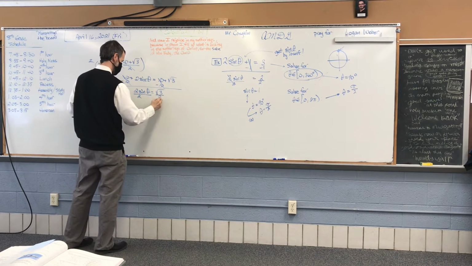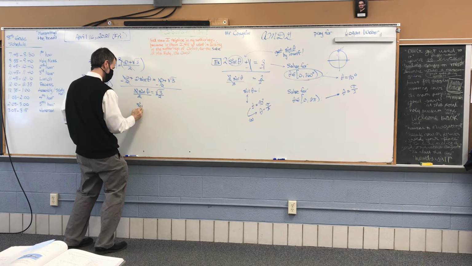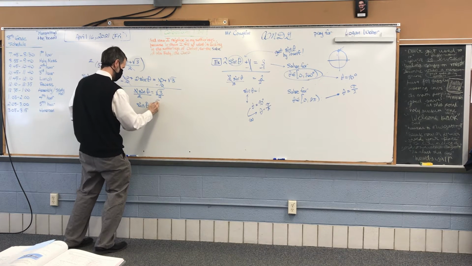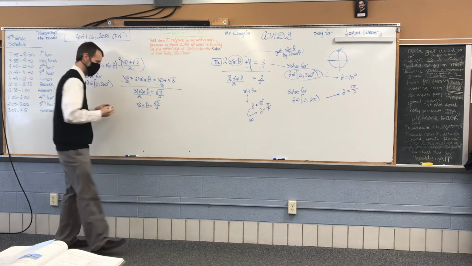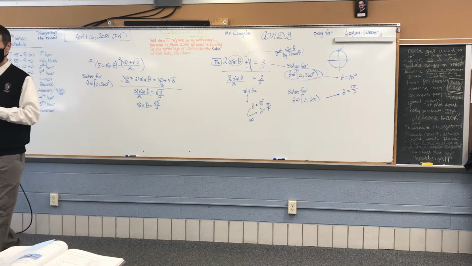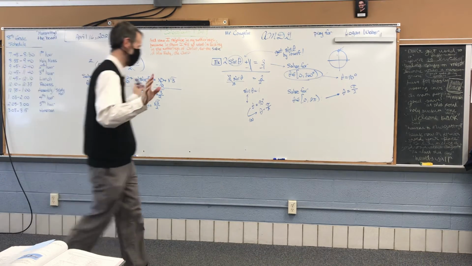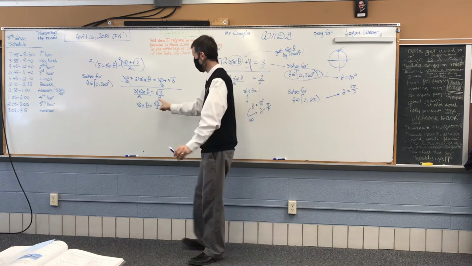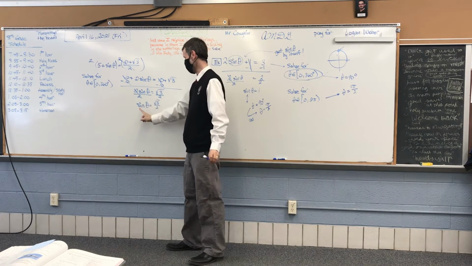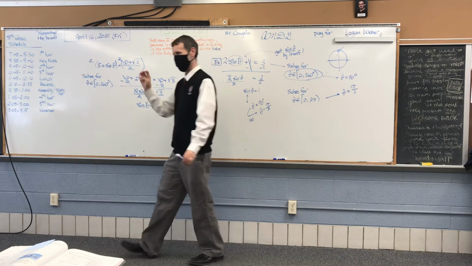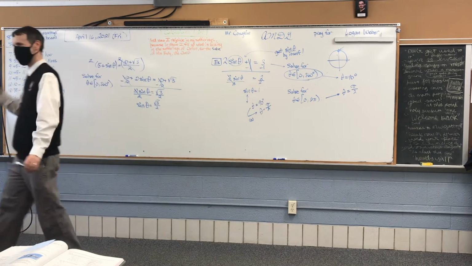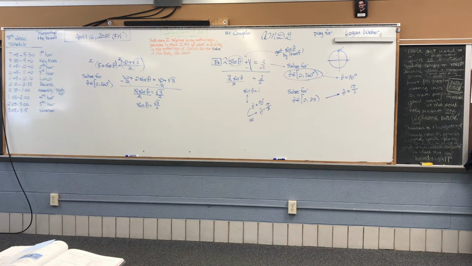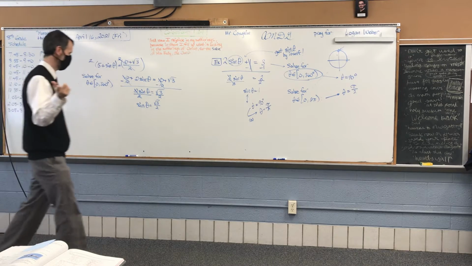Okay. And you got sine of theta is radical 3 over 2, which means that theta is 60 degrees and 120 degrees. By the way, you're right. Whenever you get sine of theta or cosine of theta or tangent of theta equals something, one thing you have to ask yourself is, is this a common angle or an uncommon angle? So Jack, common or uncommon?